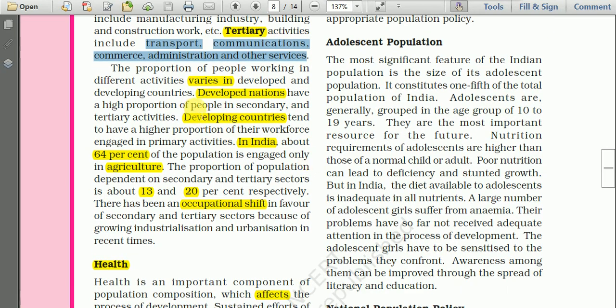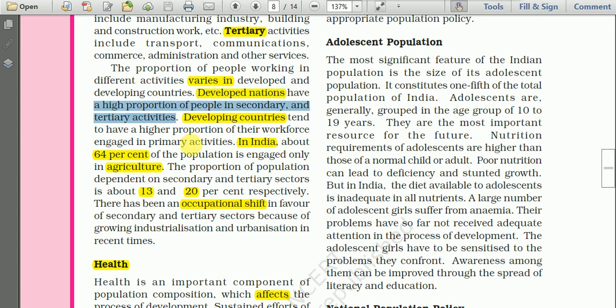The proportion of people working in different activities varies in developed and developing countries, from country to country. Developed nations have a high proportion of people in secondary and tertiary activities.